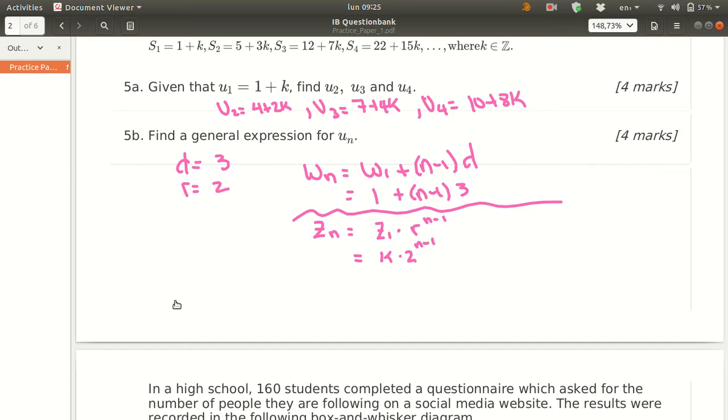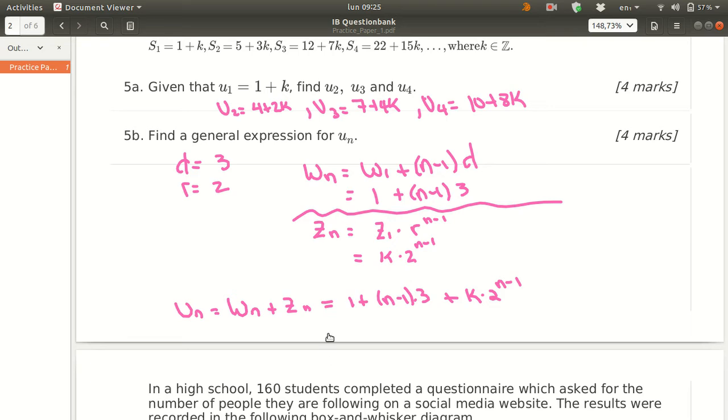Okay, so now U_n is the sum of these two, the arithmetic part plus the geometric part. So again, this one is really tricky. So this would be 1 plus (n minus 1) times 3, plus k times 2 to the n minus 1.